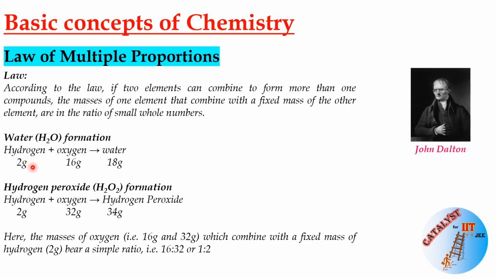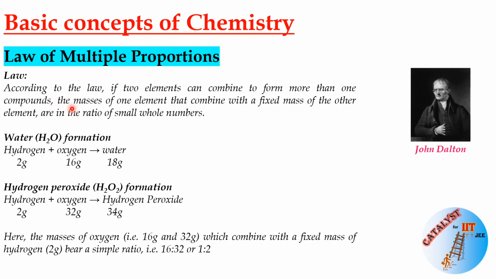As you can see here, the mass of hydrogen is 2 gram in both cases. So the fixed mass is for hydrogen, and the other element, oxygen, has 16 gram here, but in the case of H2O2 you need 32 gram.